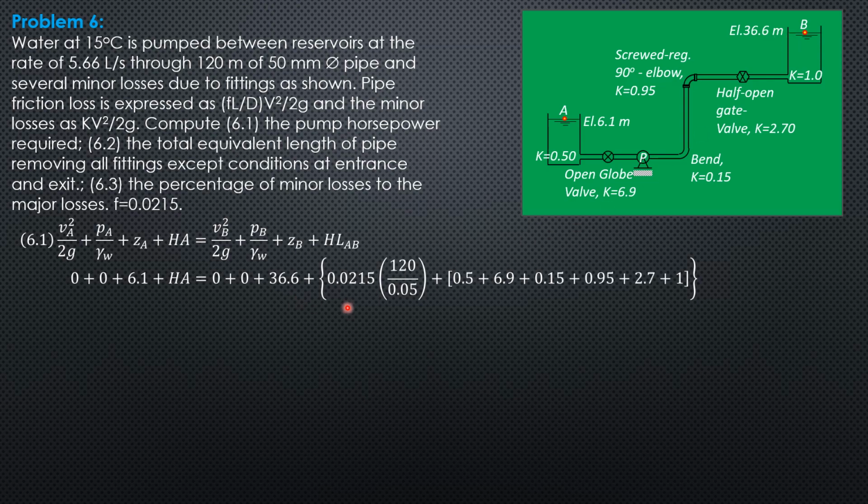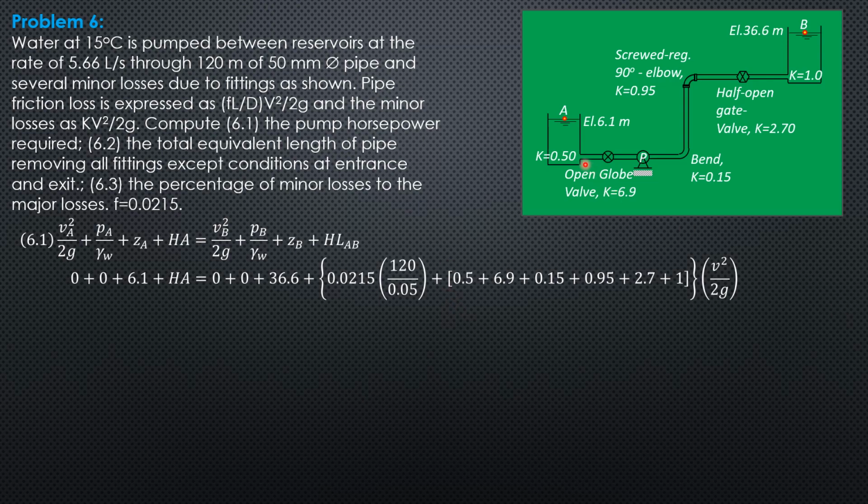The head loss from A to B are all functions of velocity head. So for the pipe, friction factor times length of the pipe over diameter, then plus the different minor losses.